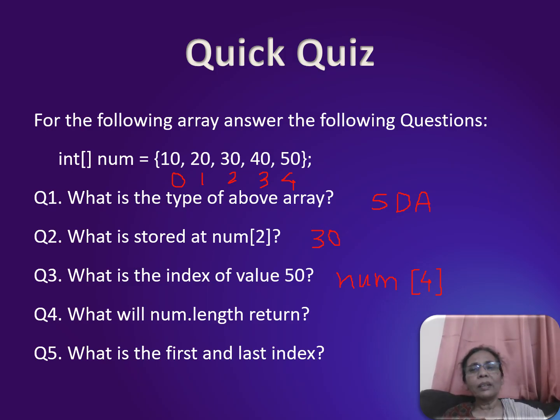So num.length returns the total number of elements. If you count the elements 1, 2, 3, 4, 5. So the answer to this question is 5. What are the first and the last index? The first index is 0 and the last index is 4.